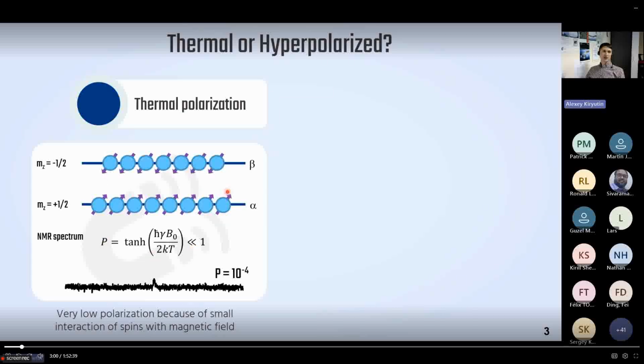As a result, we have tiny energy splitting between levels of spin states alpha and beta, and consequently very low thermal spin polarization. At standard conditions, like room temperature and a magnetic field of about 10 Tesla, we have only 0.01% of polarization. By NMR, we detect only the difference between energy level populations.